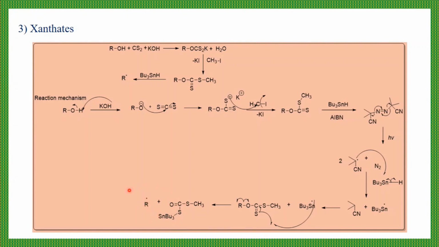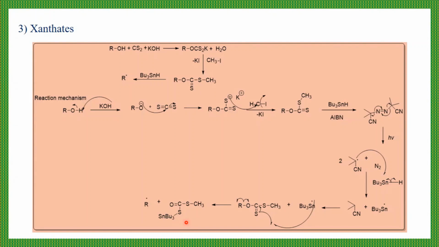Now this generated R radical, you can react with any carbon-carbon double bond or carbon-carbon triple bond for the formation of intra or intermolecular bonds. So it has a wide variety of applications, and a variety of substrates can be used to generate the alkyl radical or R radical by using tributyltin hydride.